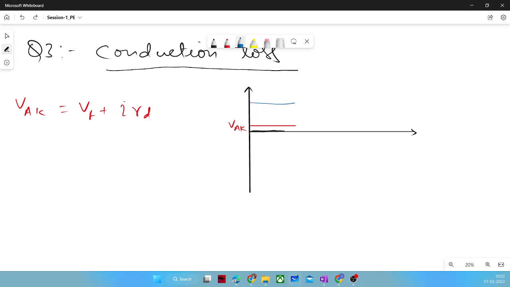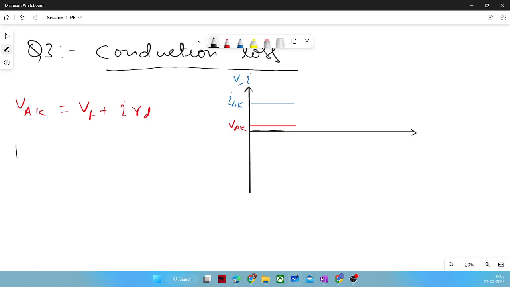So this will be current IAK. So this is the waveform of voltage and current during turn on, right? So if we need to find the conduction losses, we need to express it in terms of some expression, right? Then only we will be able to find out the loss.